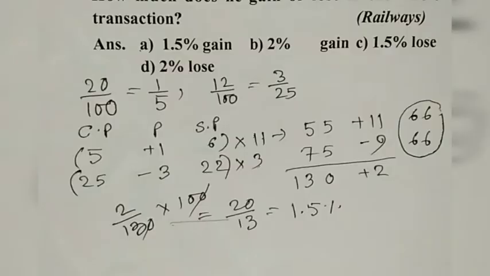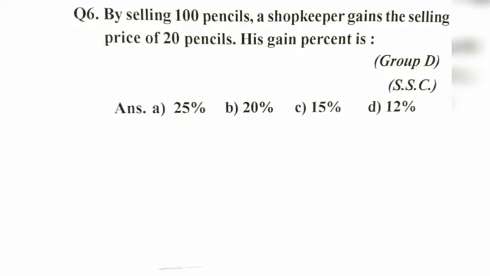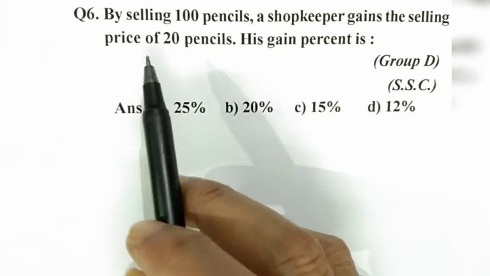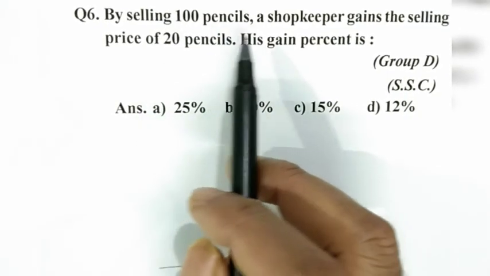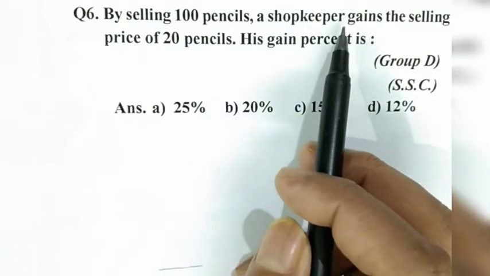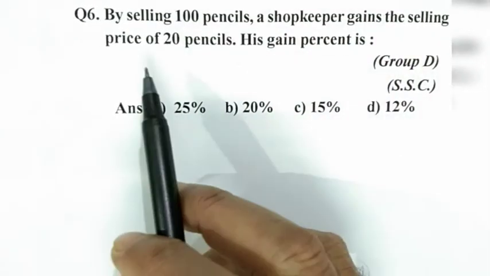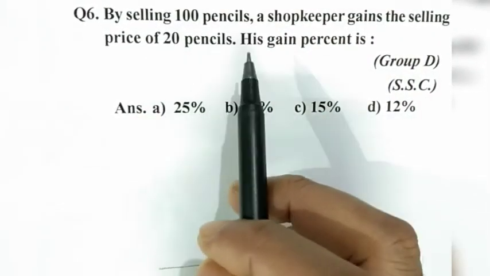Okay, let's see question number 6. By selling 100 pencils, a shopkeeper gains the selling price of 20 pencils.